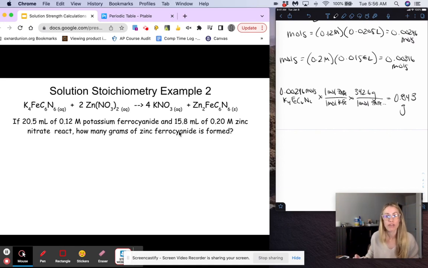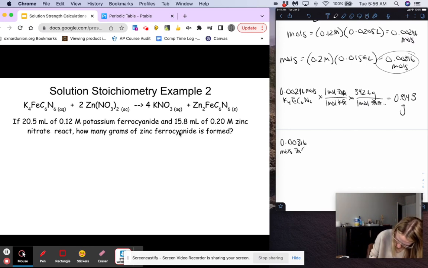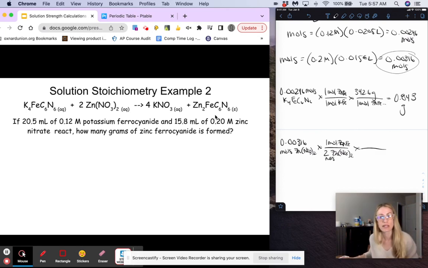And then I want to find how much would be produced from the zinc nitrate. So zinc nitrate was this 0.00316. So I have 0.00316 moles of zinc nitrate. And then I want to convert to moles of zinc ferrocyanide, so I can see that it's a 2-to-1 ratio. So 2 is going to go on the bottom, 2 moles. And then 1 mole of my zinc ferrocyanide, again, that's abbreviated. And then I want to do the same thing that I did up here.